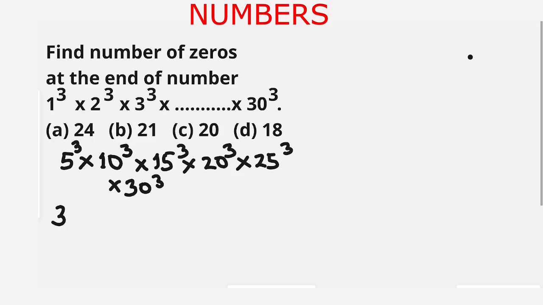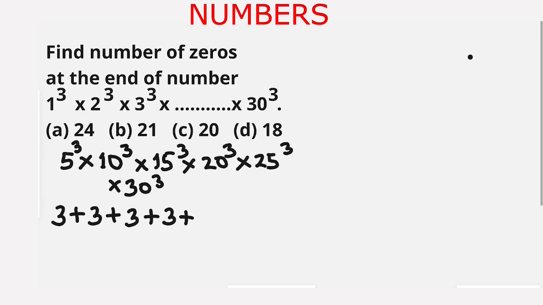In 5 to the power 3, the power of 5 is 3, plus in 10, it will be 5 multiplied by 2. Therefore, the power of 5 will also be 3 here, plus in 15, the power of 5 is 3, plus in 20 to the power 3, there will be the power of 5 which is 3, plus in 25, it will be 5 multiplied by 5, and 25 to the power 3 is 5 to the power 3 multiplied by 5 to the power 3.